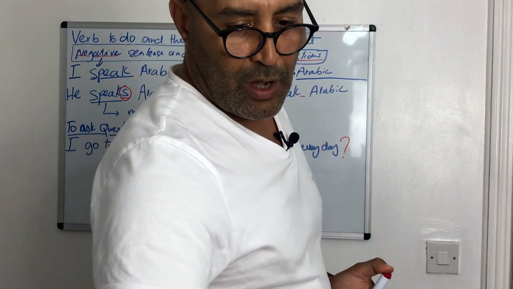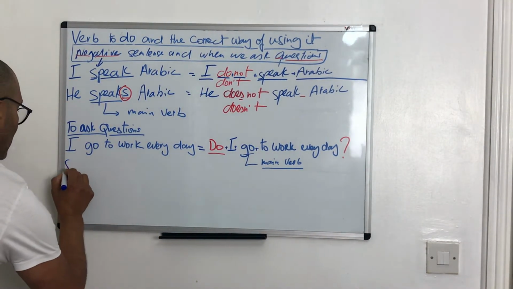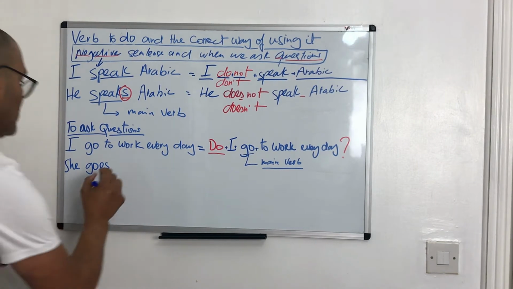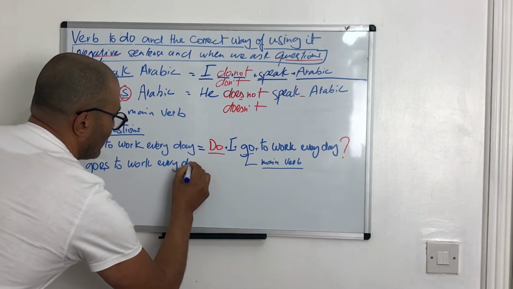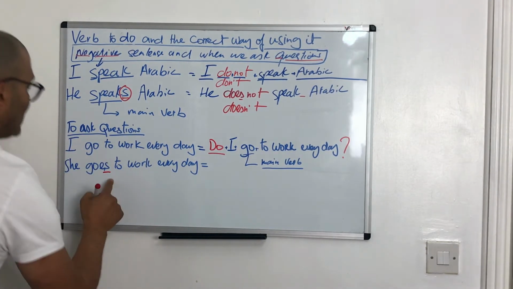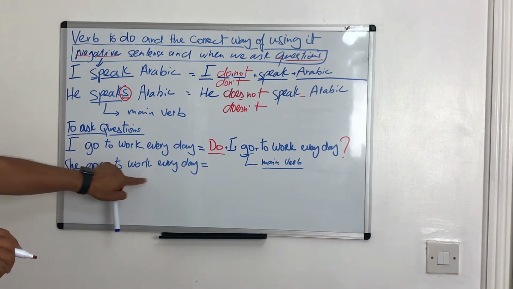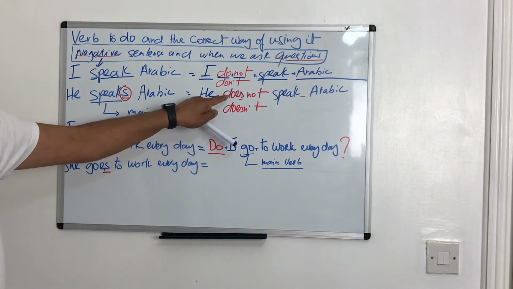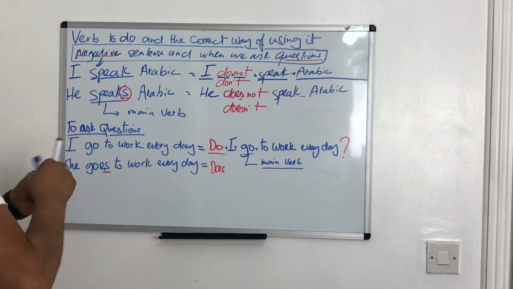If we want to do it with she, let's do it now. Remember, she goes to work every day. To go we add es, and this s we use for she. She goes to work every day. To ask a question, do you remember what we use for she? We write does plus subject.